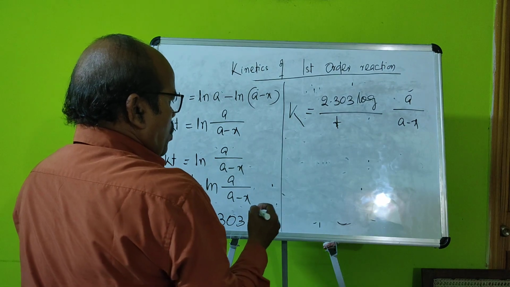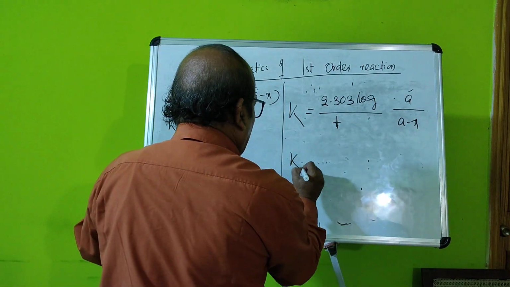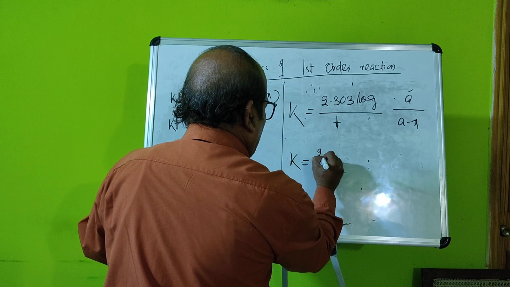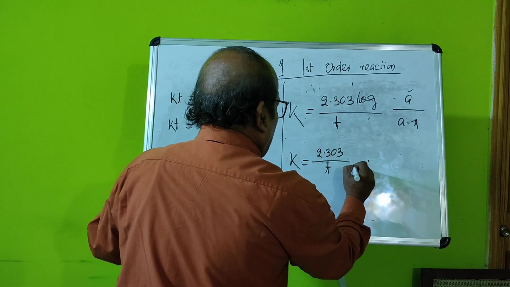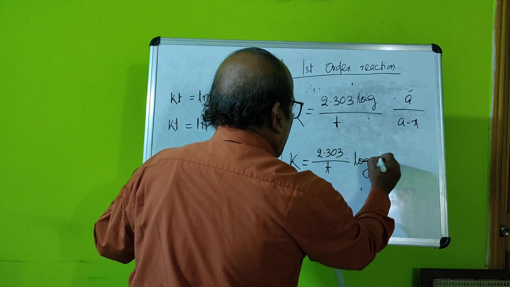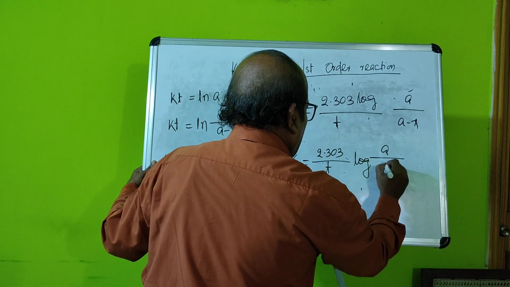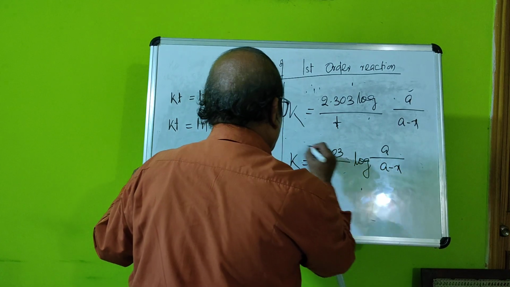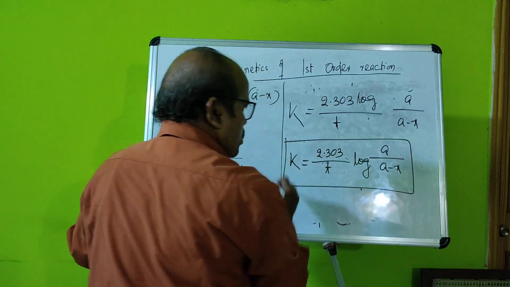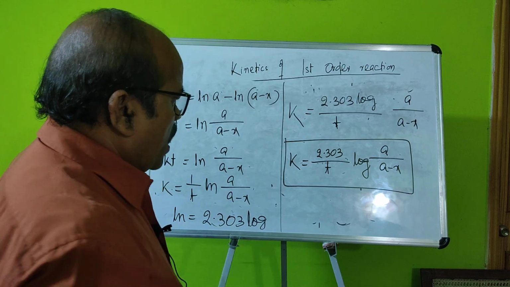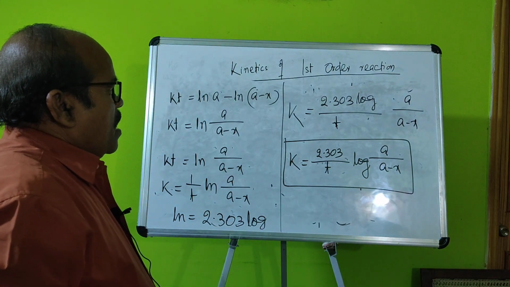I am writing this equation in a clear way. K is equal to 2.303 by t log of a by a minus x. This is the rate constant value for first order reaction.